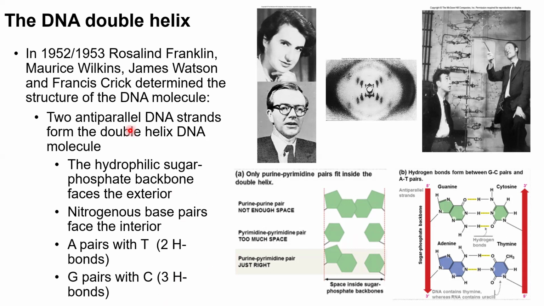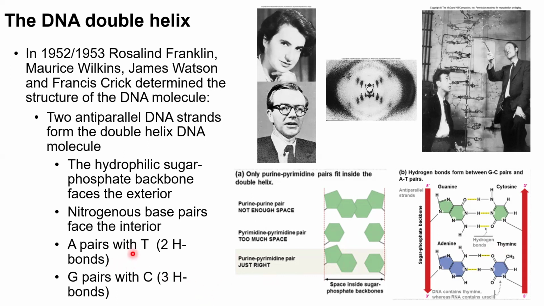What they saw there were two anti-parallel strands, which means that one was going from 5' to 3', and then the other went in the opposite direction. The hydrophilic sugar-phosphate backbones were at the edges, and the interior is where all the nitrogenous bases were paired, with a certain number of hydrogen bonds to keep them stable with pairing each other.